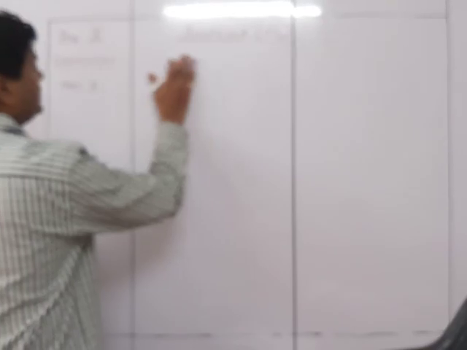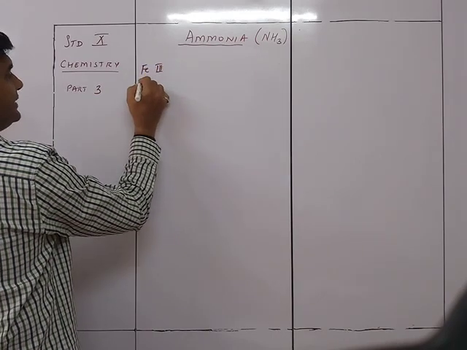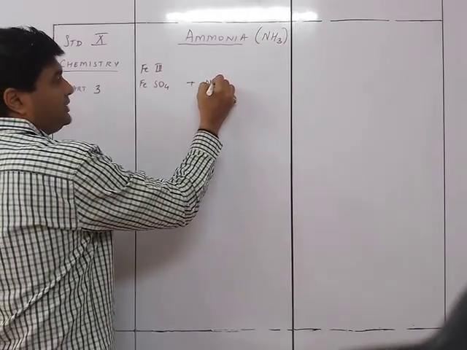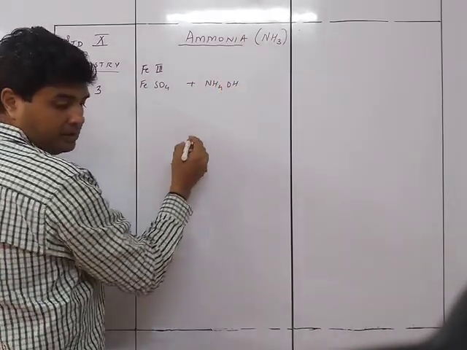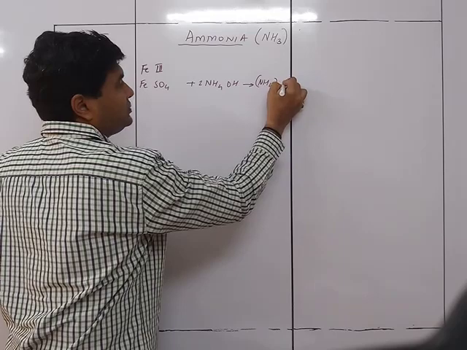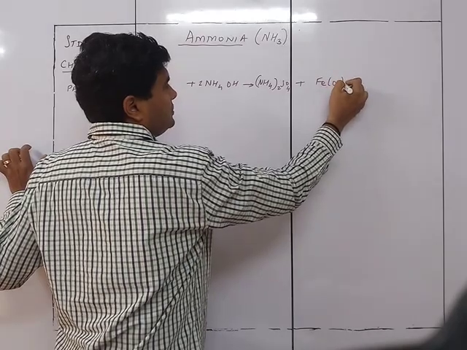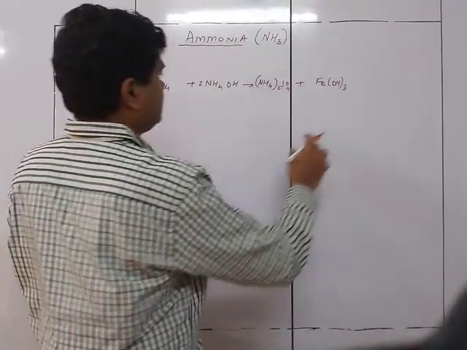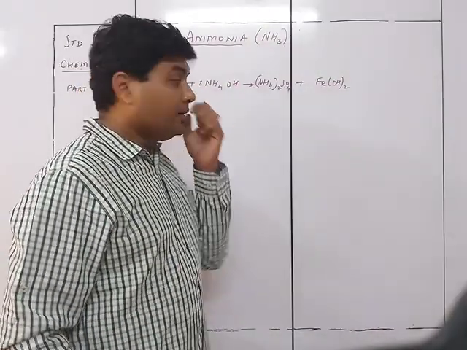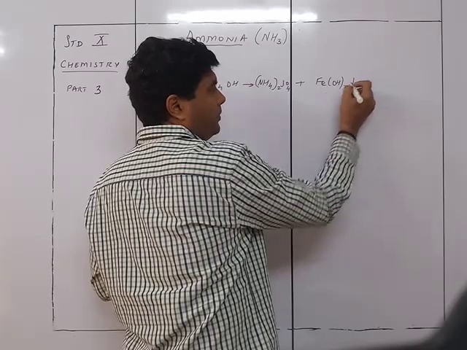The first one is iron. First, I am taking FeSO4 plus 2NH4OH, which gives (NH4)2SO4 plus Fe(OH)2. Now, what is the color of this precipitate?